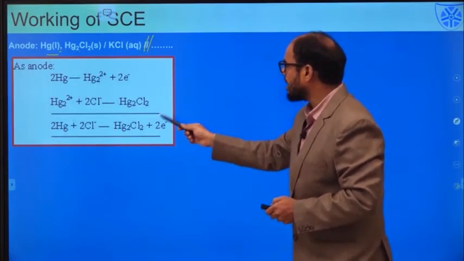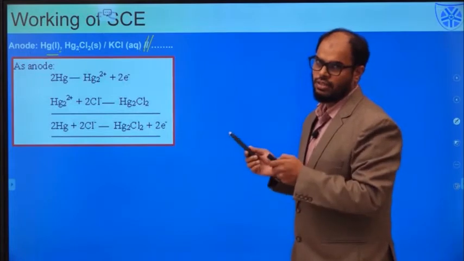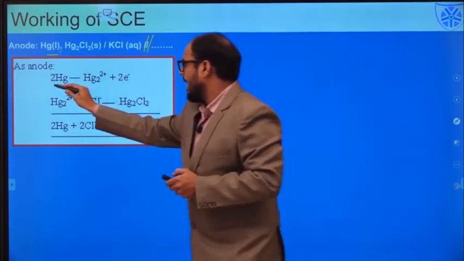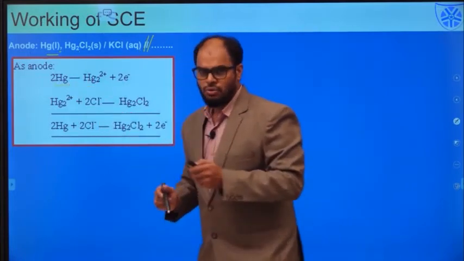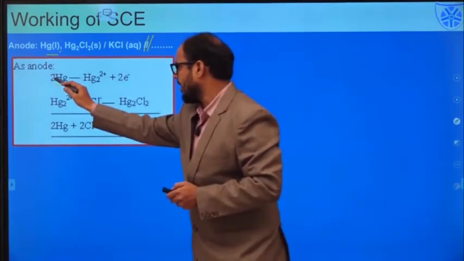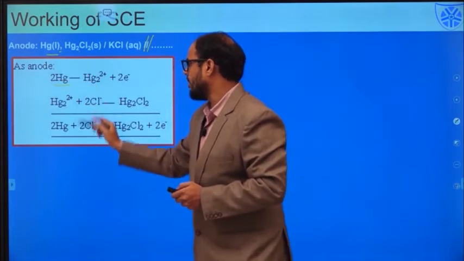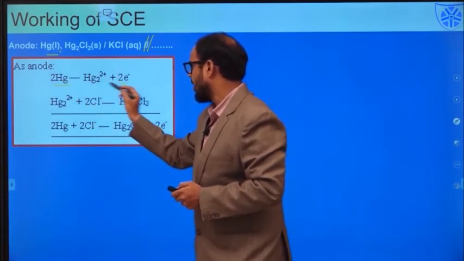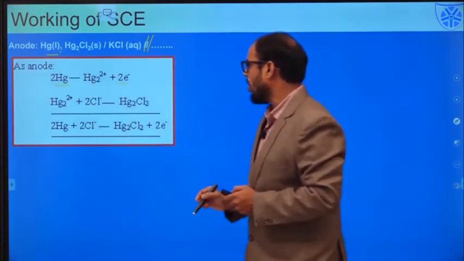When it is acting as an anode, the following are the reactions. The elemental mercury is going to lose electrons. Here in this equation we can see two Hg atoms are going to lose 2 electrons and form Hg2 2+.